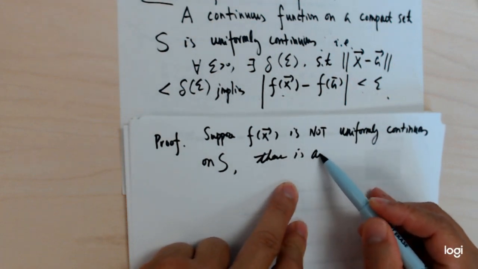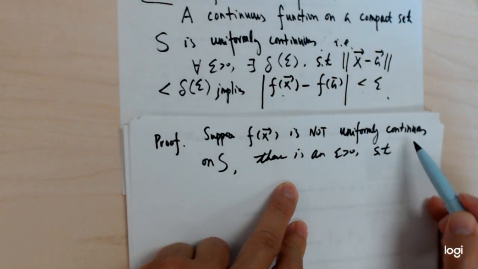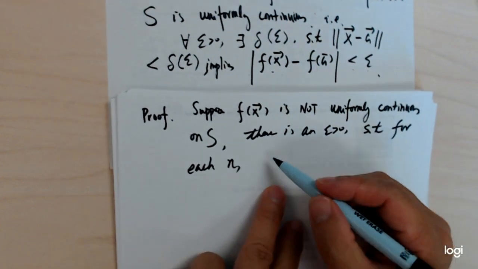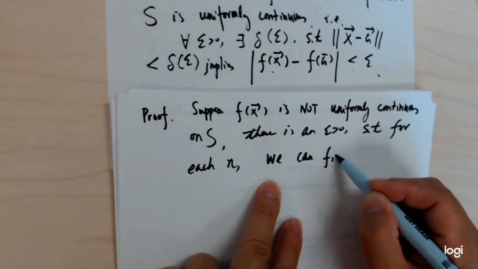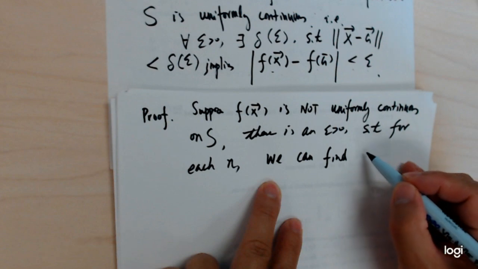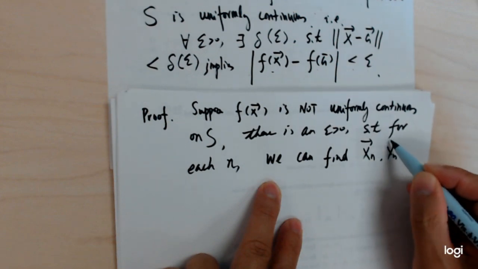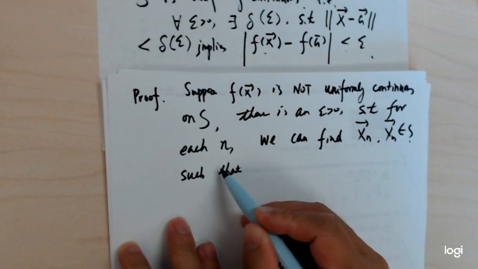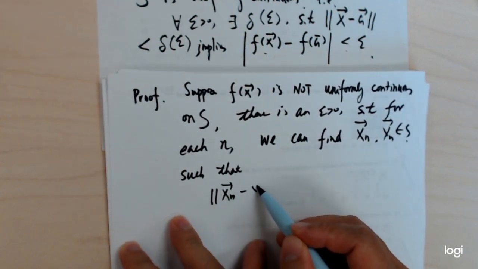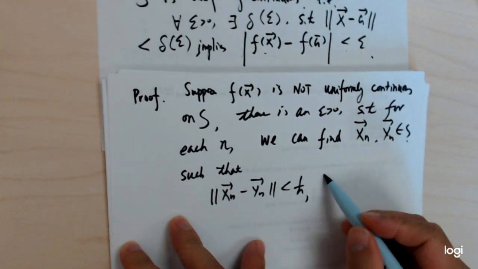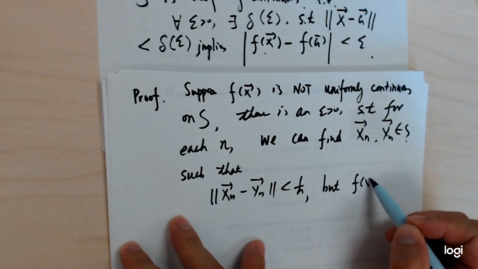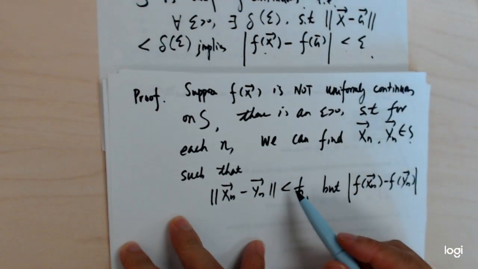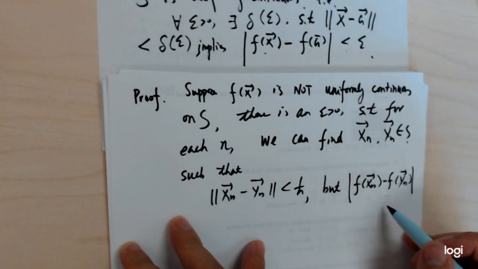Then there is an epsilon, and we can find two different sequences, one called x_n and the other called y_n, both in S, such that even though they are very close to each other, the difference in the function's value, instead of being less than epsilon, is actually bigger than epsilon.